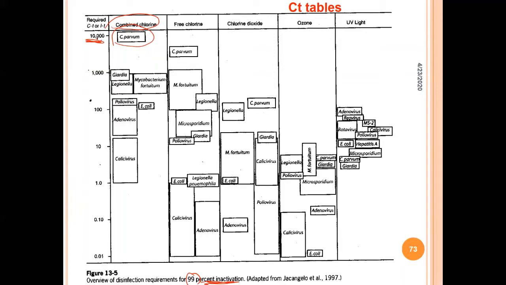For the same microorganism, if you want to use free chlorine, the CT value should be somewhere 2,000 to 4,000. Let's see some other. For 99% inactivation of coliform, if you are using combined chlorine, you need a CT value somewhere like 110.